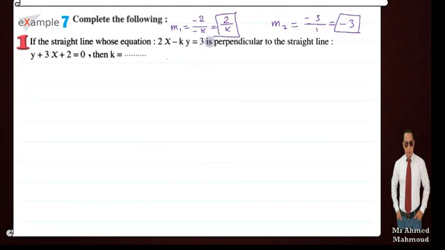Okay, here m1 and m2 are not equal, but m1 equals the upside down of this number with the sign changed. Then 2 over k equals, changing the sign and turning it upside down, 1 over 3. So k equals 2 times 3 over 1, which is 6.